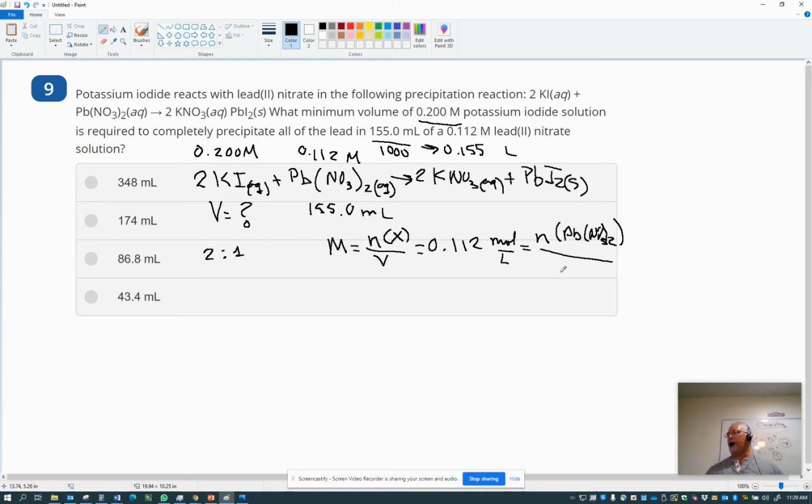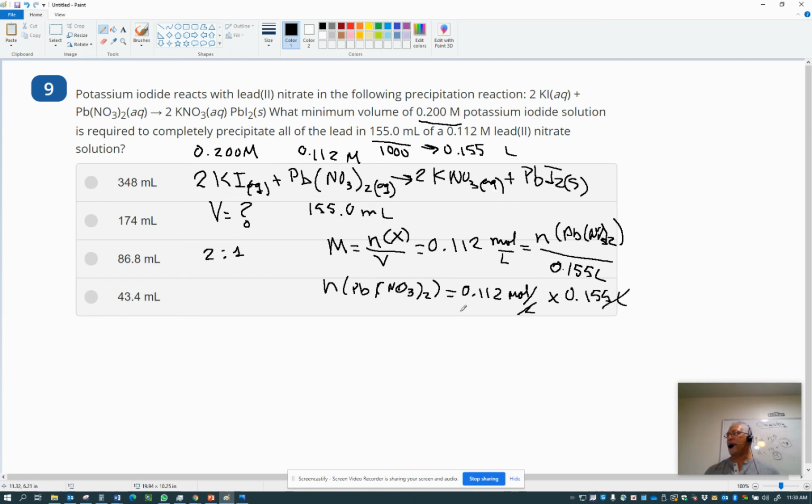So the denominator here will be 0.155 liter. The number of mole of lead 2 nitrate will be equal to 0.112 mole per liter multiplied by 0.155 liter.